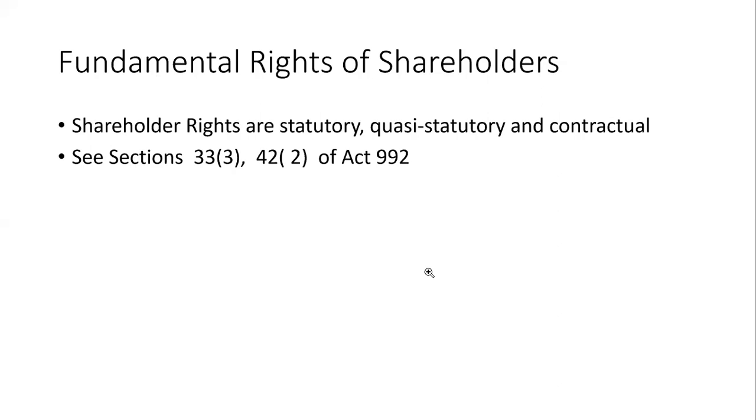So let me quote that in a minute. Section 33, subsection 3. I have my legislation in front of me. So, quote: A member has the rights, duties, and liabilities that are by this Act, and where applicable by the registered constitution of the company, conferred and imposed on the members.